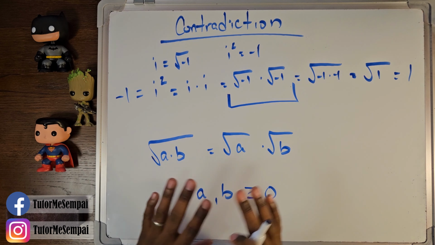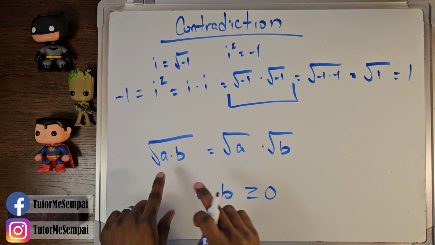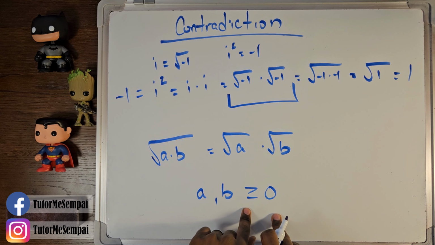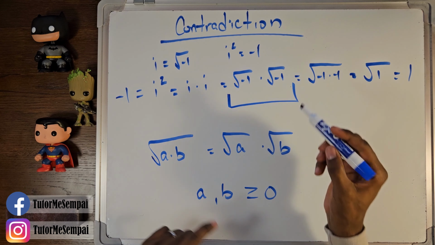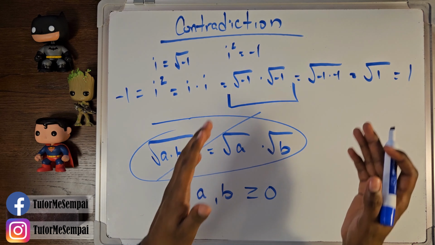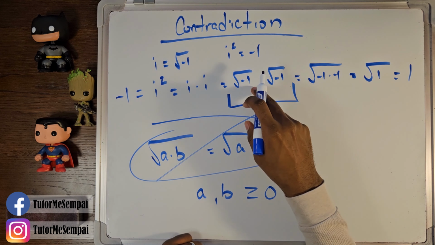You're always going to get something completely messed up. So you can only use this property if at least one of these is greater than or equal to 0. That's not the case here. Both of these are less than 0, so therefore you can't use this property.